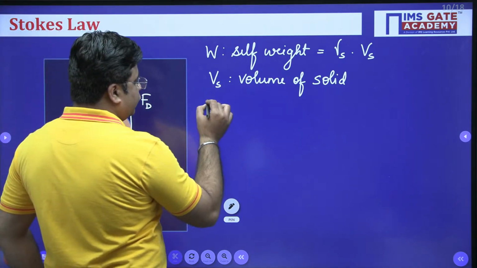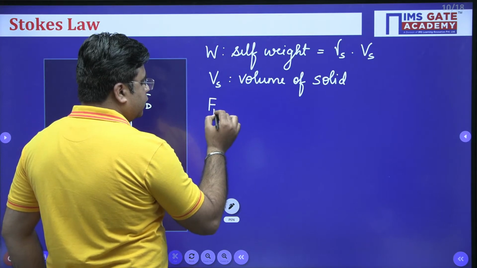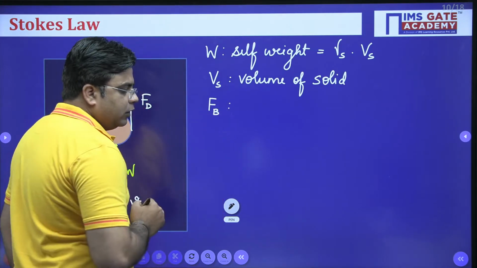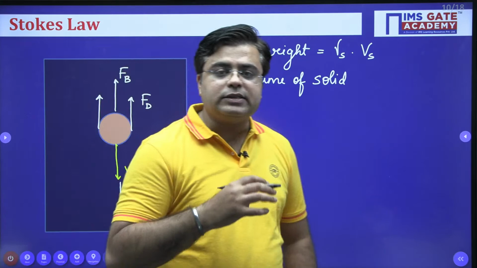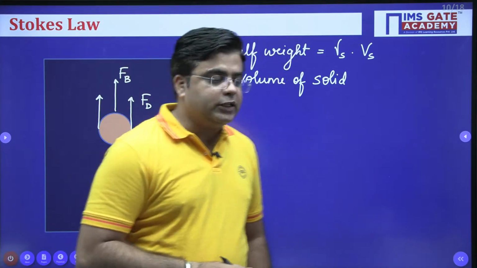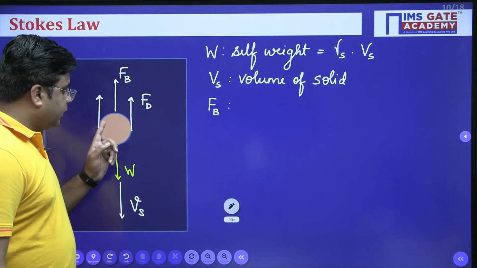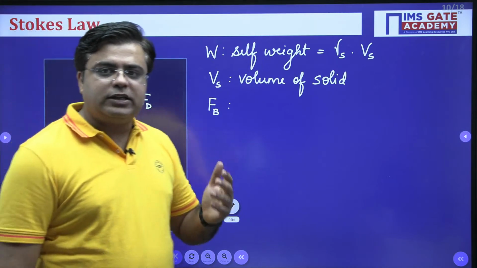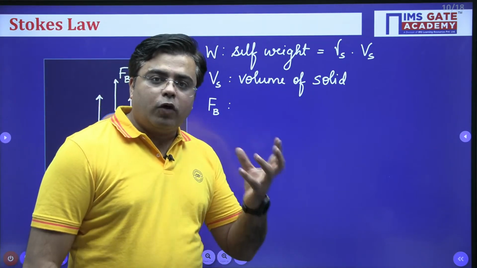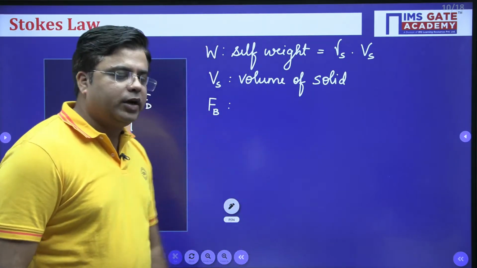Second one is the force of buoyancy. So through Archimedes' principle, force of buoyancy is the weight of water displaced by this solid. The weight of water which is displaced by this solid is equal to volume of solid multiplied by the unit weight of water.